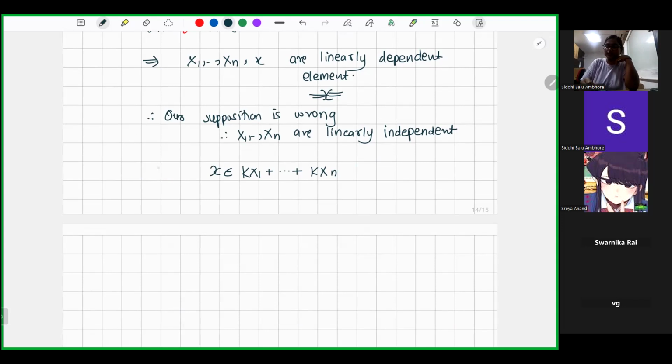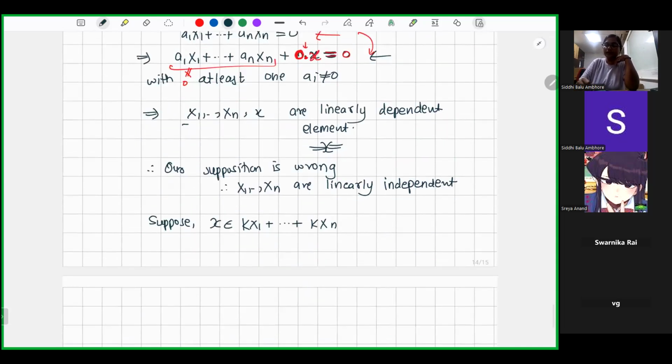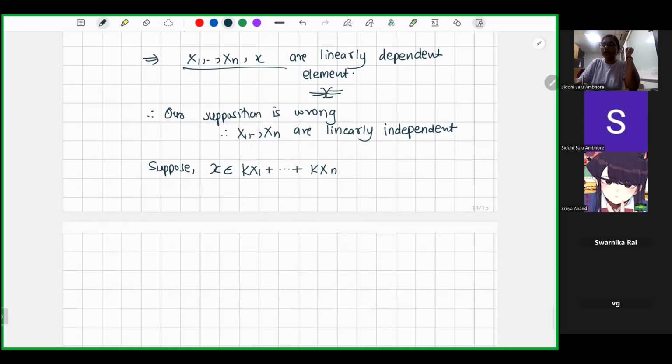Here also we assume that x1 to xn are not linearly independent. Then we arrive at the contradiction that this bigger set becomes linearly dependent, which was false from the given assumption because this set was linearly independent. So our supposition was wrong, and this set of n elements is linearly independent.